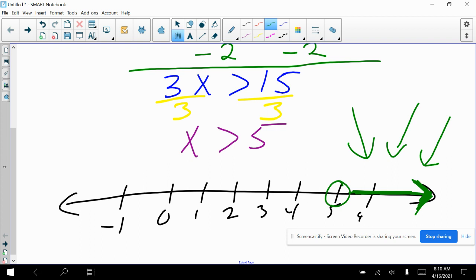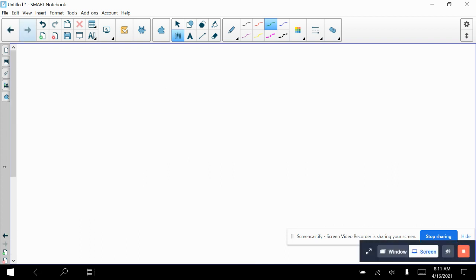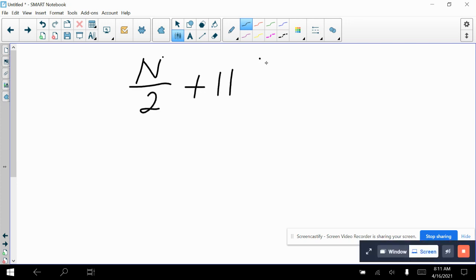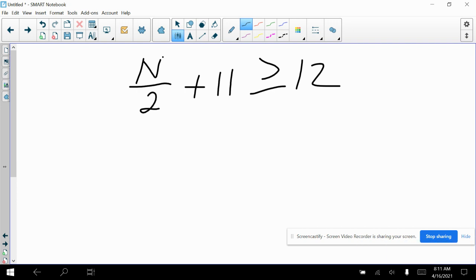All right, moving right along. N divided by 2 plus 11 is greater than or equal to 12.